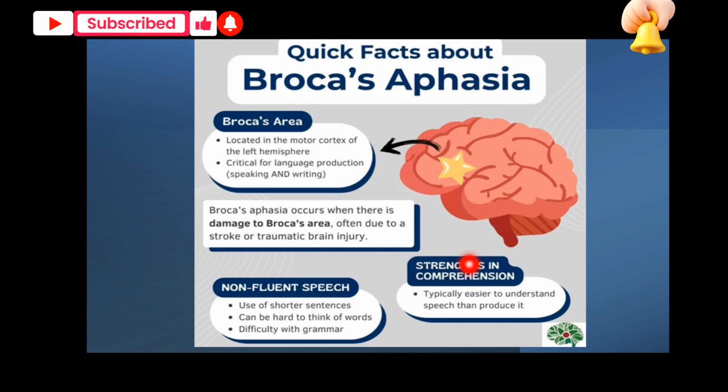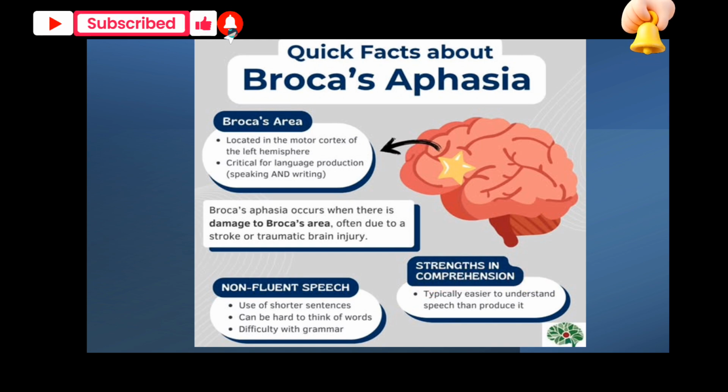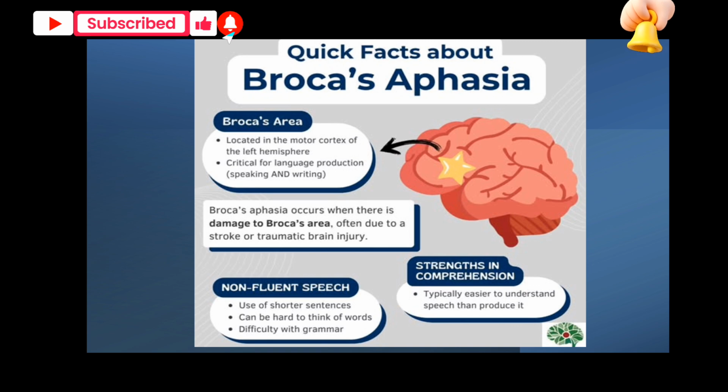Comprehension is typically preserved; it is typically easier to understand speech than to produce it. So you will understand the speech, but you will be unable to produce it, because the problem is in Broca's area, not Wernicke's area.